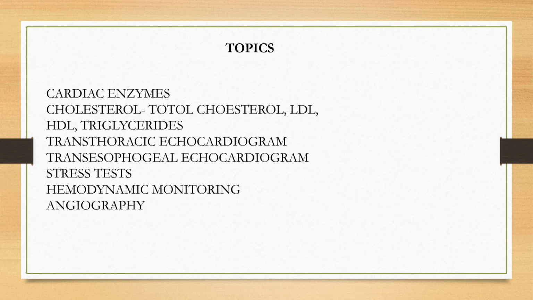Again, they're attached with monitors, with leads, that go to a monitor to look while they're being injected with these medications to see if there's any changes on the ECG that we'll talk about in an upcoming module, to see if they have arrhythmias or if there's changes on the ECG that show that there's potentially blockage in the coronary arteries. Okay? So after that procedure, the patient will be monitored because they've been injected with a stimulant drug.